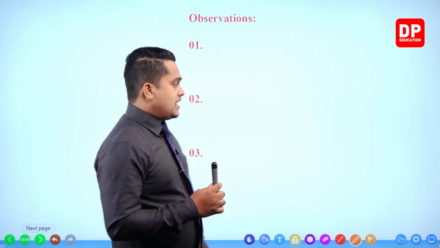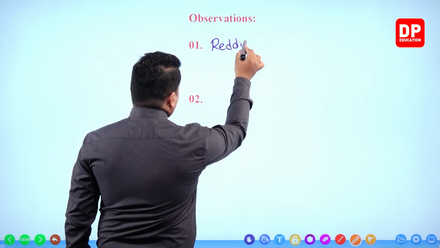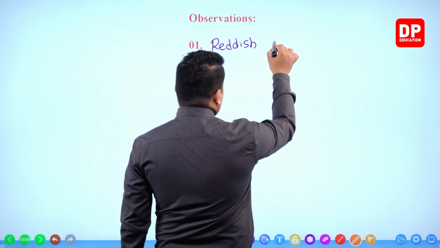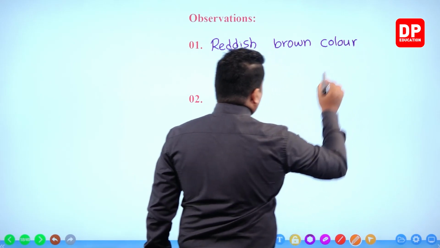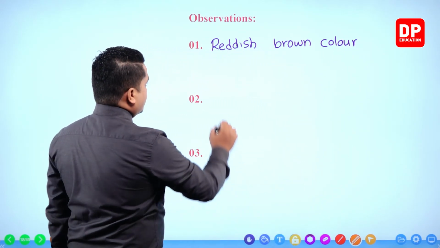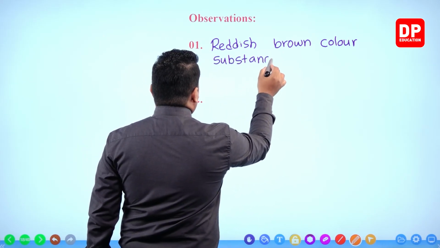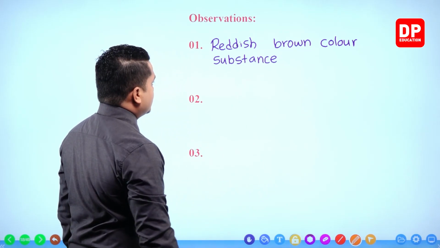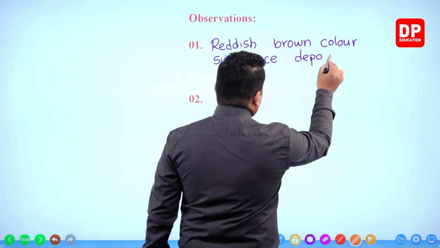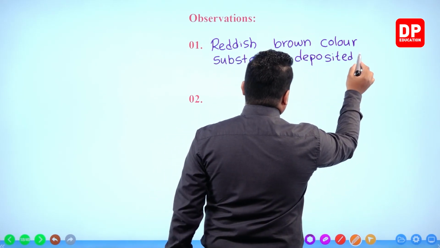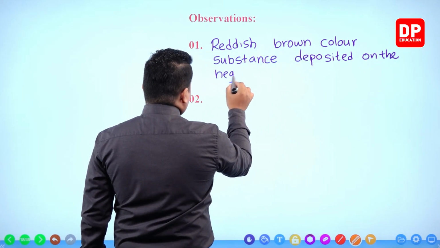So we can write down the first observation: reddish brown color substance deposited on the negative electrode.